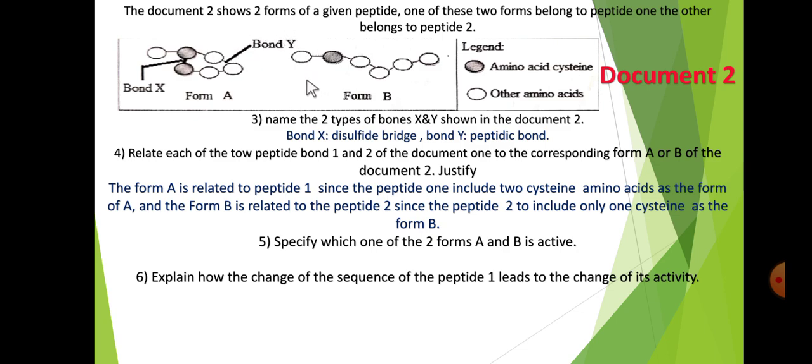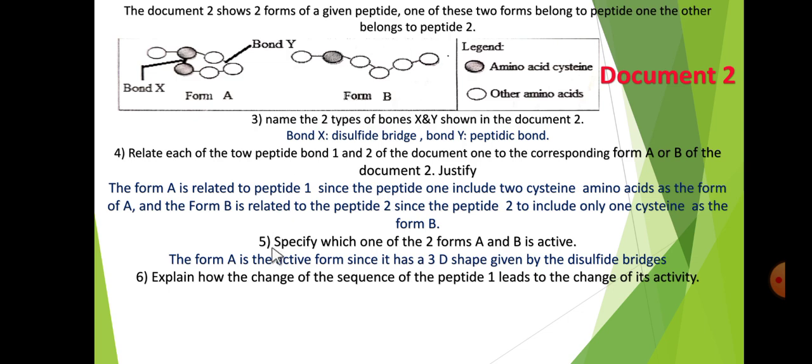Which one has a three-dimensional shape, form A or form B? Of course it's form A because of the disulfide bridges, while form B is linear, no disulfide bridges here, so it's not functional. So form A is the active form since it has a 3D shape, given by the disulfide bridges found between the two cysteine amino acids.